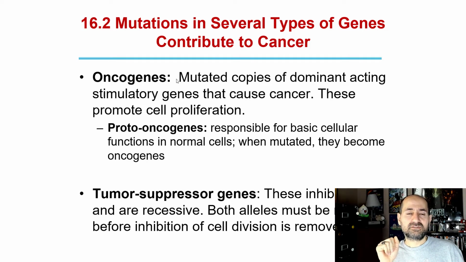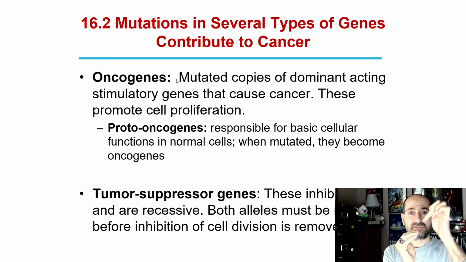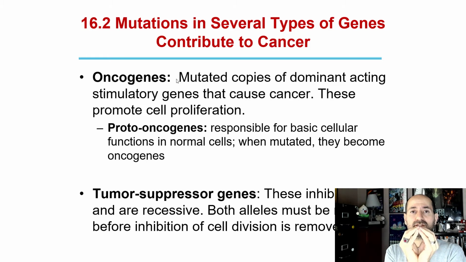So let's say a proto-oncogene is the receptor for a growth factor. I'm giving you an example of a proto-oncogene that is the receptor for a growth factor. When the growth factor attaches to this receptor, the receptor tells the cell to divide. But what if I mutated this receptor to just always tell the cell to divide, whether there's a growth factor around or not?